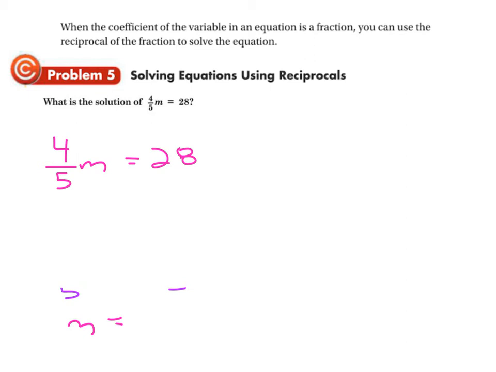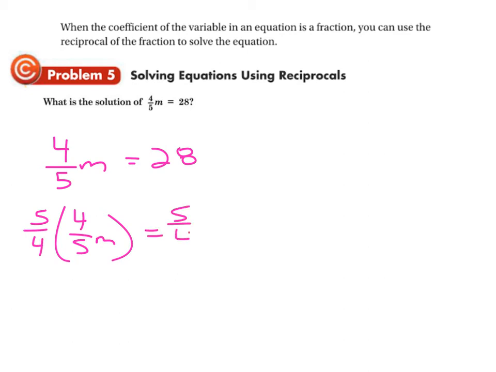Okay, and when you do that, if we took what we see right here and wrote 4/5 m multiplied by 5/4 equals 28 multiplied by 5/4, then what you get here is you're multiplying the coefficient with this multiplier, and you multiply numerator times numerator and denominator times denominator. 5 times 4, 20, over 4 times 5, 20.